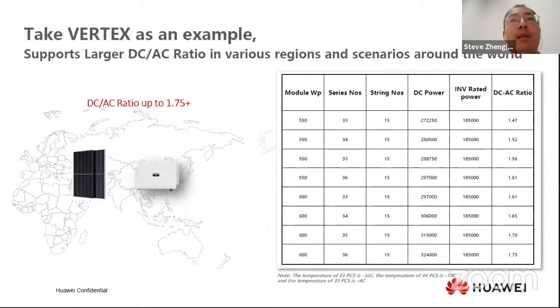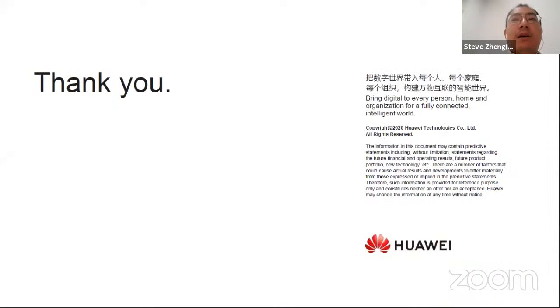When the inverter is connected to 15 strings, the DC/AC ratio can go up to 175%. This means this inverter can support a large DC/AC ratio, and it can also match with the China Solar Vertex PV panels. Okay, I think that's all for my presentation.